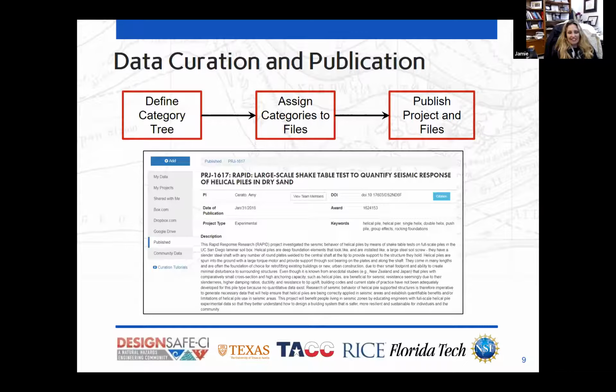One of the keys that you see on this slide is that once you hit that publication mark, then you receive a DOI for that project. And so that is a permanent DOI that's not just a URL, but that's a citable DOI associated with your project and its data.